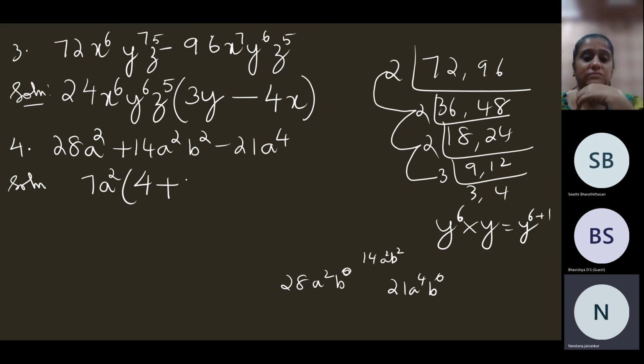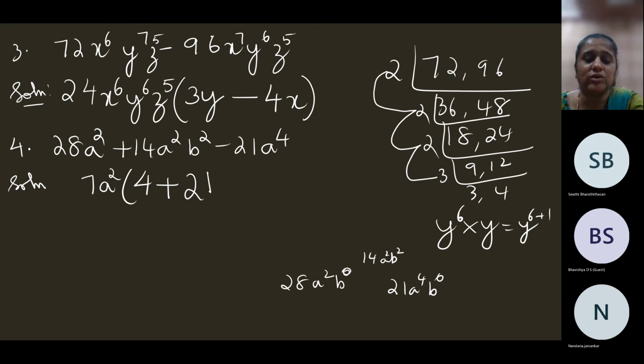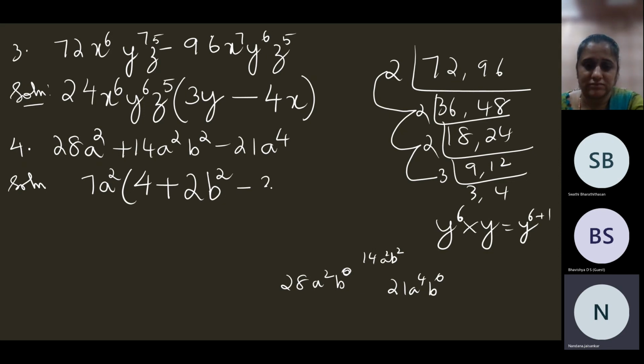Plus 2a square we have, ma'am, and b square also we have it, ma'am. Good. We don't have b square outside, so we should write b square here. Yes, ma'am. 4 plus 2b square minus 3a square.